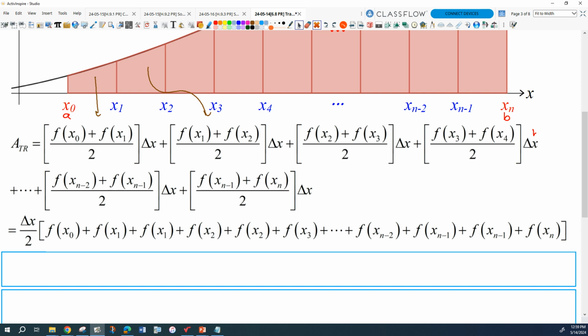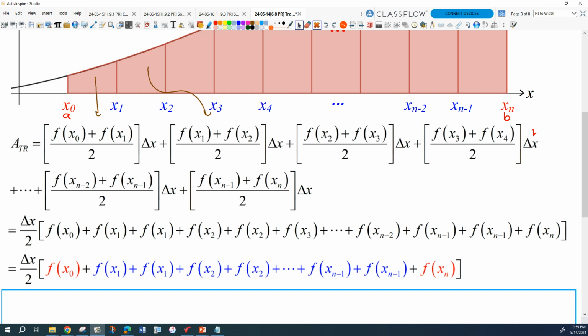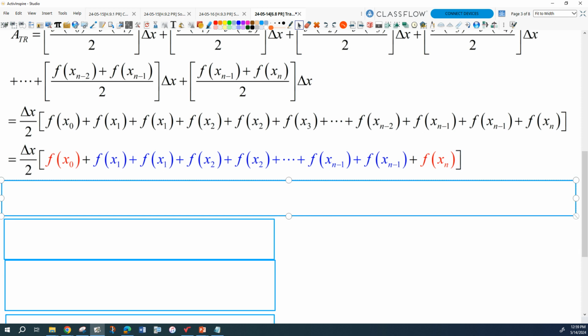That's huge. That's going to make this really easy to deal with. So we get this interior sum, where we're evaluating the function at x sub 1 up through x sub n minus 1. All those occur twice. Only the first and the last are singletons.